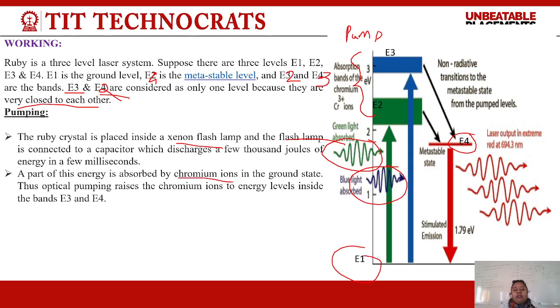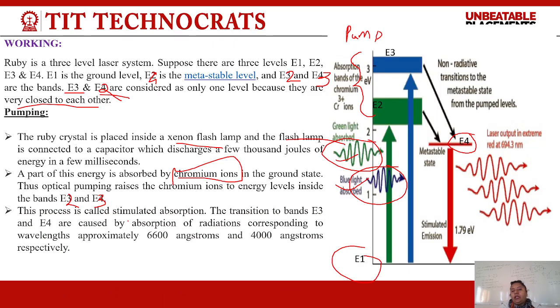And chromium ions show excitation only for two colors. One is green and another one is blue. So in this way, the chromium ions start exciting to energy levels E2 and E3. Okay, and as I said, these levels are basically the pumping levels.